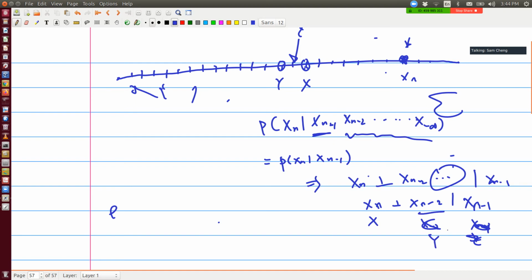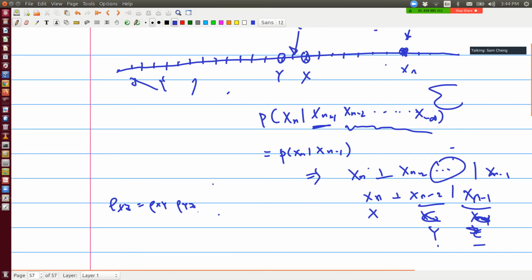So x_(n-2) is y, x_(n-1) is z. Then what we expect is that rho_xz is equal to rho_xy times rho_yz, for that to be true.